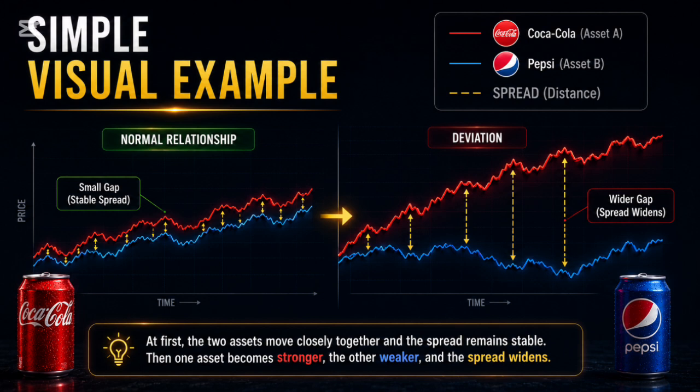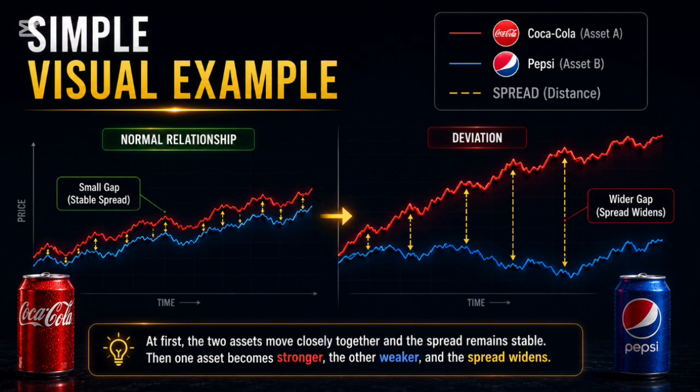Now the distance between these two assets increases, and as the distance increases, we call it spread widening. So an increase in distance is spread widening. You need to pay attention to that.